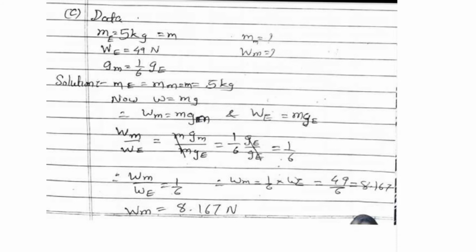When you divide it up to 3 places of decimal, it is 8.167. If you want to convert it into 2 places of decimal, it will be 8.17 Newton. Okay, so that's the answer of weight of the object on the moon, which weighs 49 Newton on the earth.